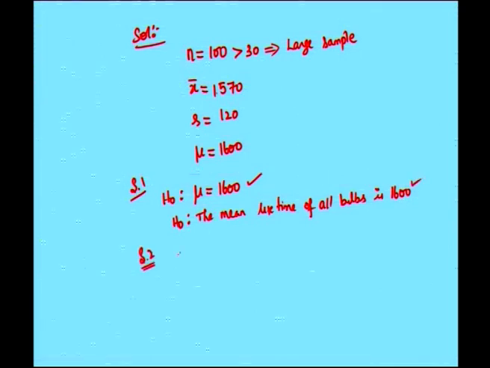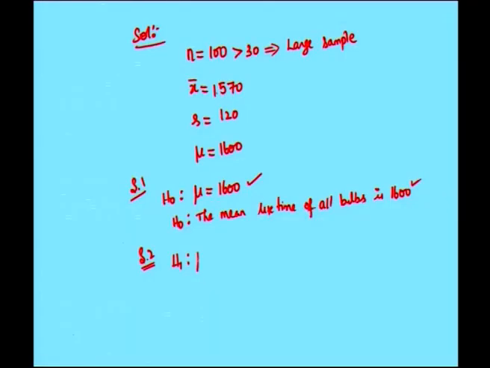Then next you have to set up H1. Nothing is mentioned in the question about whether the mean lifetime of all the bulbs is greater or lesser. Therefore, we will take H1 as mu not equal to 1600. So, it becomes a two-tailed test. No specification is given as to whether it is better or inferior.